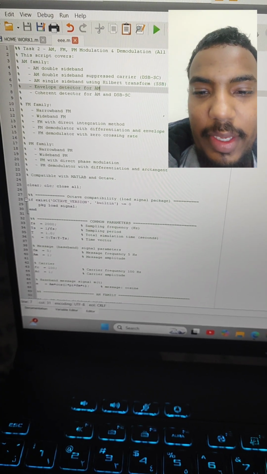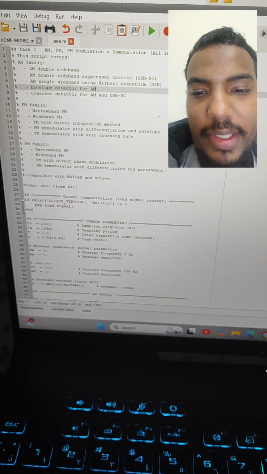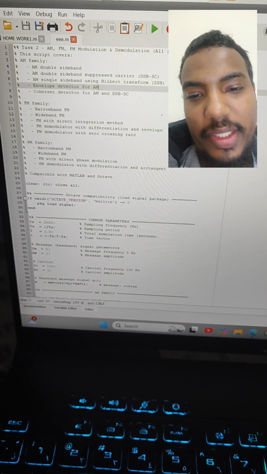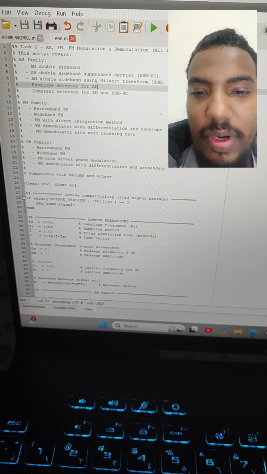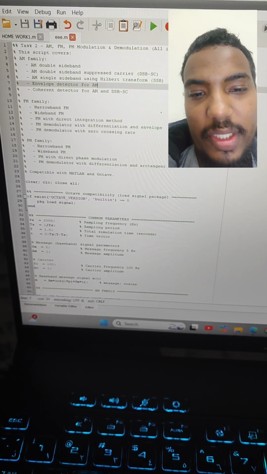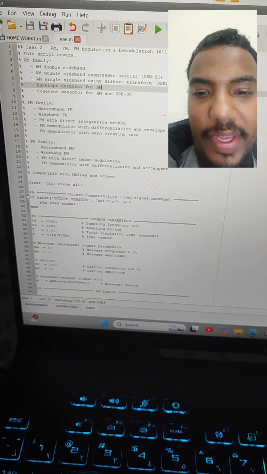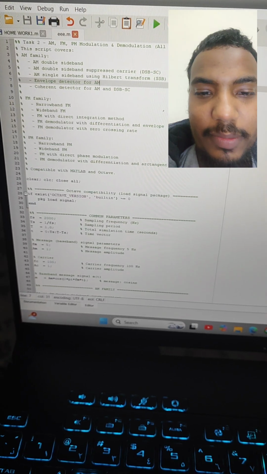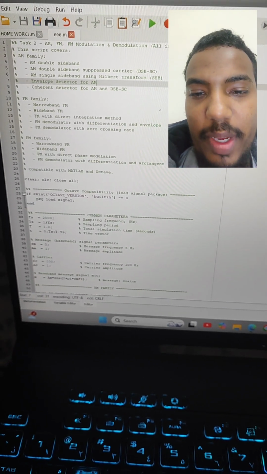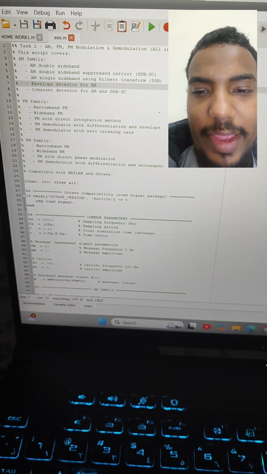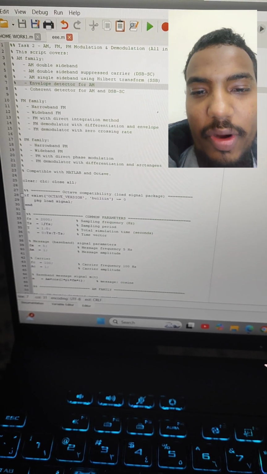AM family: AM double sideband with the carrier. mu equals 0.5, the modulation index, the AM signal's index is less than or equal to 1.